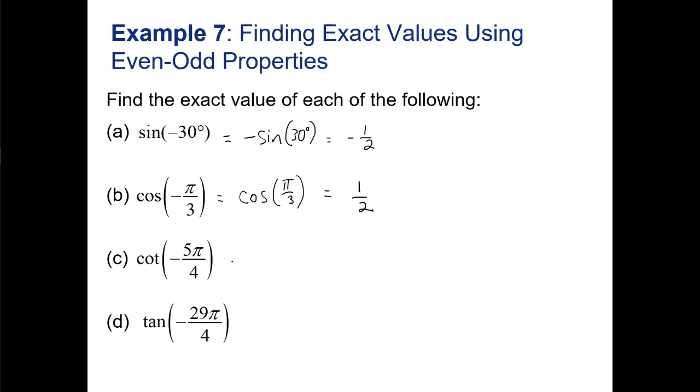And then the cotangent. Remember that the partner functions inherit the even or odd nature of the inverse. So in this case, it's going to be equal to negative of cotangent of 5 pi over 4.